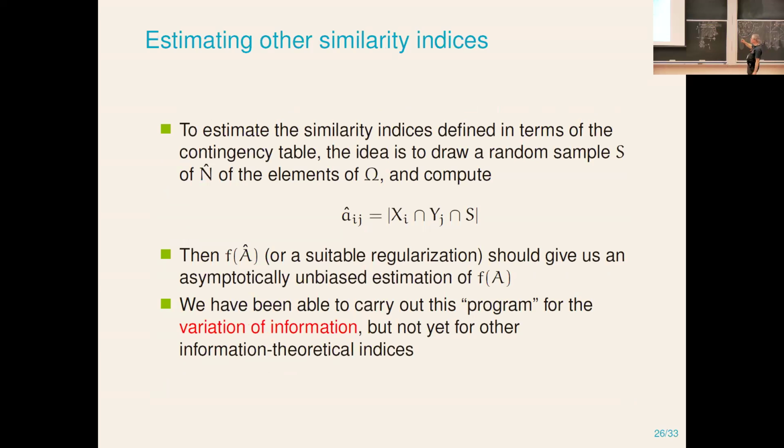The idea would be that I get a sample, I get the contingency table for the sample, and then with some suitable regularization, my idea is that the similarity based on the sample will be an asymptotically unbiased estimator for the real similarity. And this we have been able to prove for the one called variation of information, but not for the others yet.